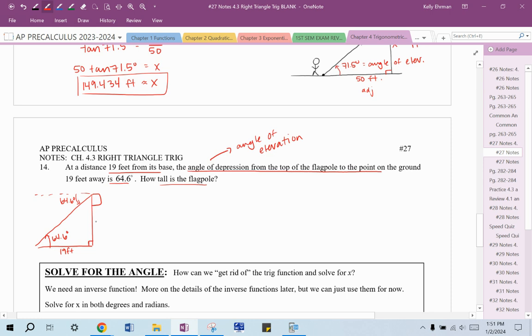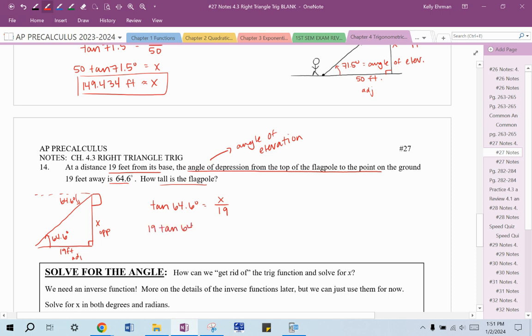So I'm trying to figure out how tall the flagpole is. Again, I'm going to use tangent because I have opposite and I have adjacent. So the tangent of 64.6 degrees is equal to x over 19. Multiply 19 over.